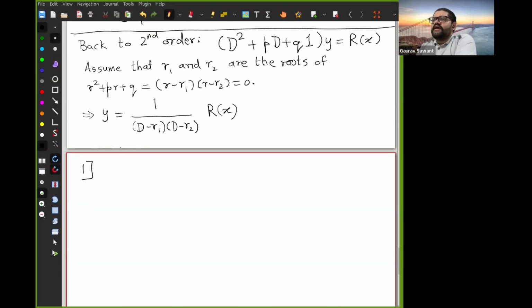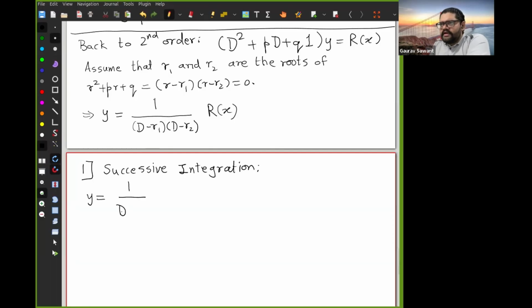Okay. So there are two methods. One method is successive integration, in which we write y as 1 over d minus r1 times 1 over d minus r2 acting on r(x).